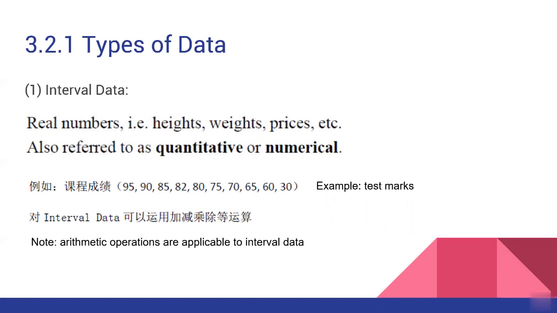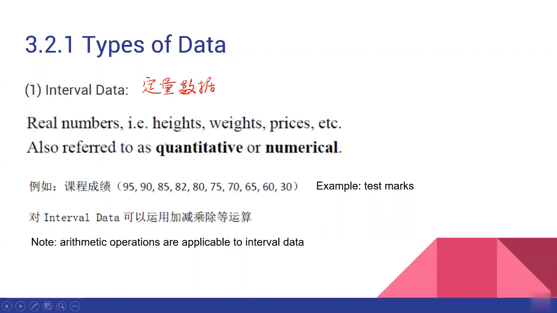Okay, first of all, the first type of data is called interval data, or in Chinese, we call it 定量数据. Okay, what is interval data?